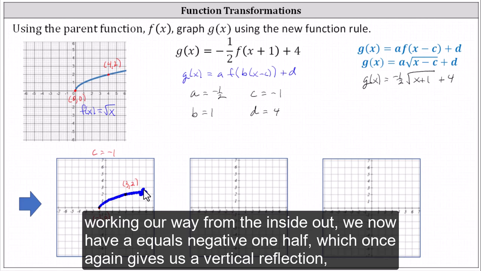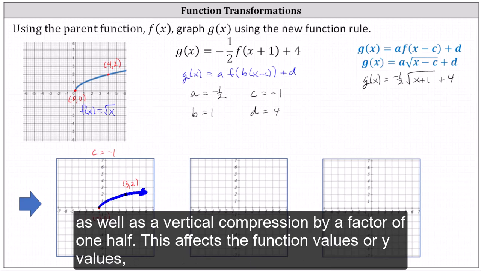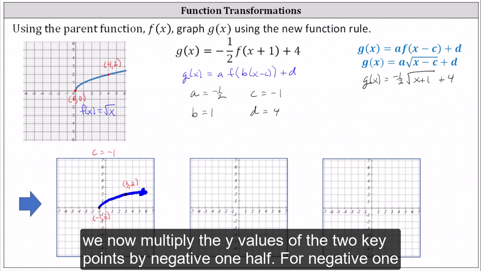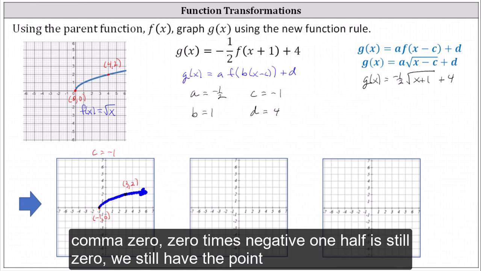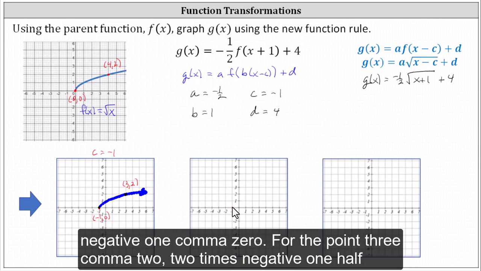Again, working our way from the inside out, we now have a equals -1/2, which once again gives us a vertical reflection as well as a vertical compression by a factor of 1/2. This affects the function values or y values. We now multiply the y values of the two key points by -1/2. For -1, 0, 0 times -1/2 is still 0. We still have the point -1, 0.